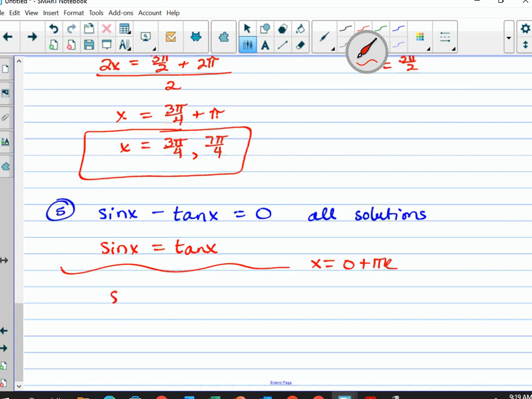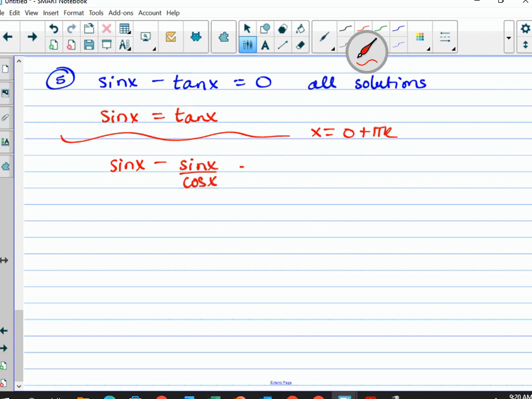Another way to do it, which I think is how most of you did this: you turned tangent into sine over cosine, and then we found a common denominator. For a fraction to equal 0, the only way that can happen is if the numerator equals 0.